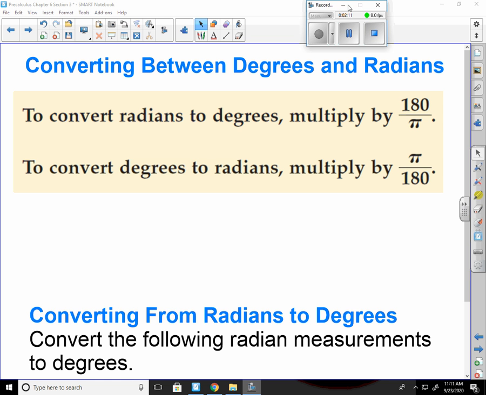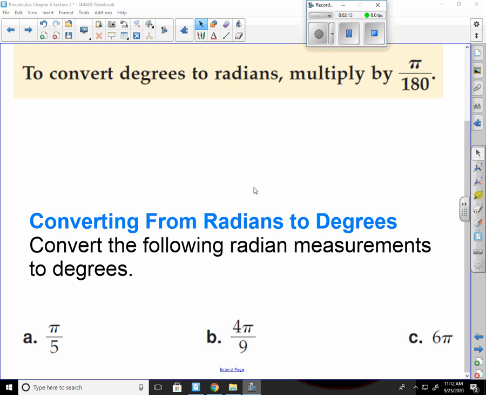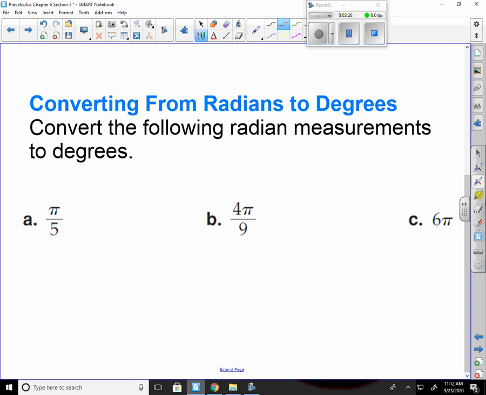Okay, let's convert from radians to degrees. So we'll start by converting the following radian measurements to degrees. Whenever we do this, remember, we do pi over 5 times 180 over pi.